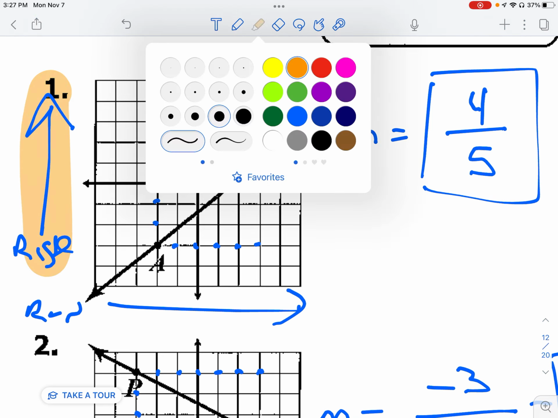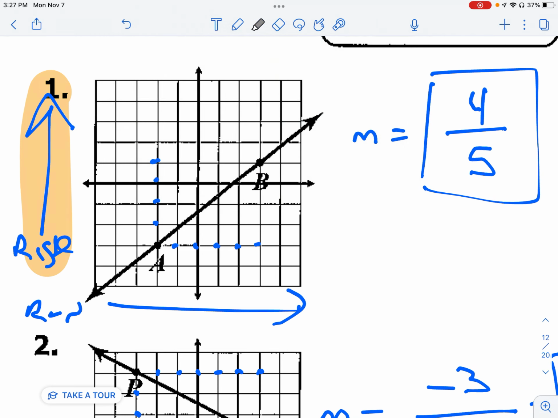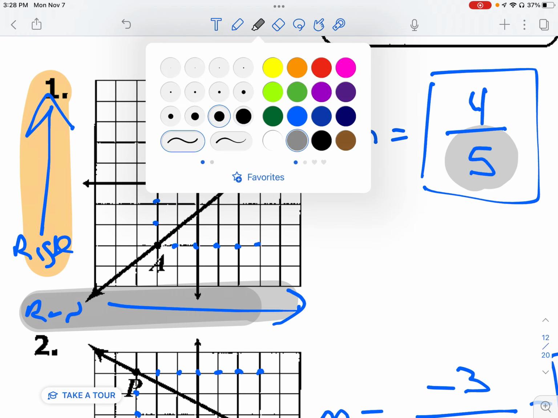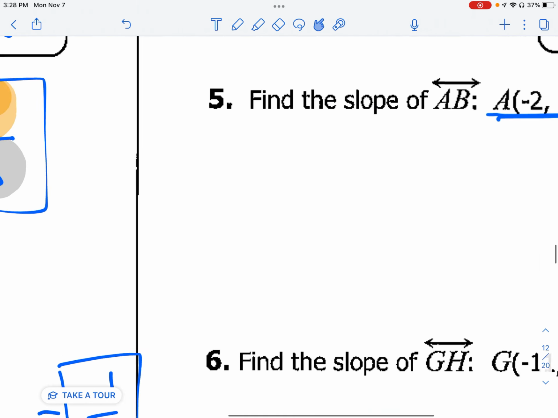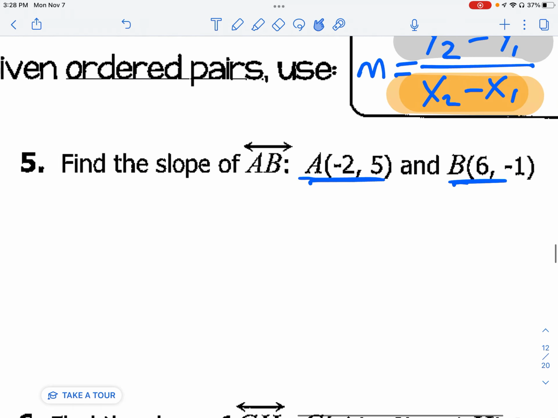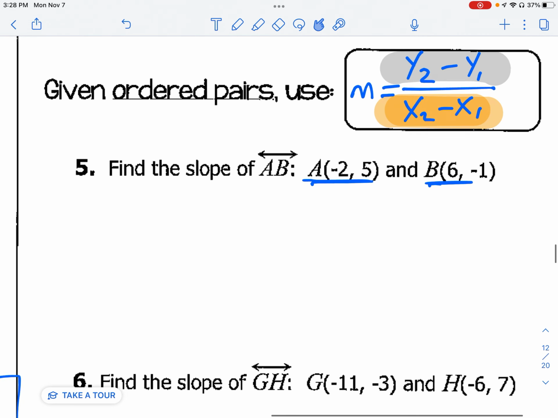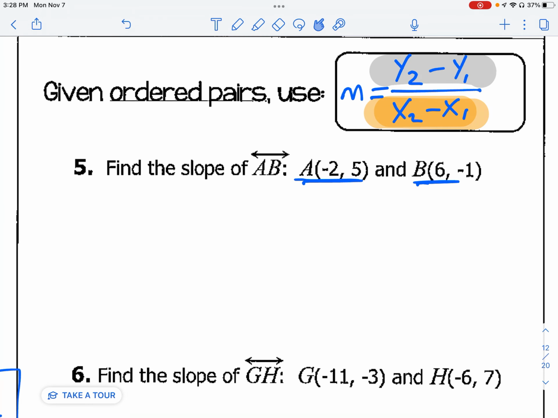Rise, run. There's the run. There's the rise. But here we got points and not a grid, so we need to take some mathematical steps to get there.